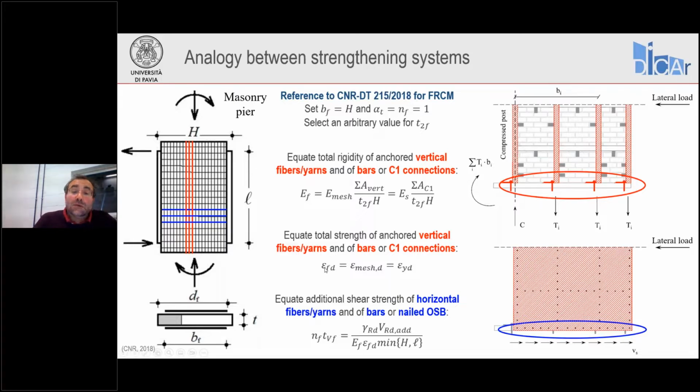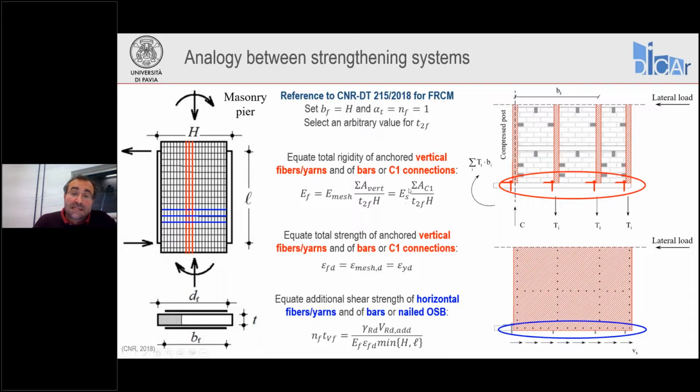The other equivalence that we need to consider is the one between the total axial strength provided by the vertical fibers of the FRCM and the one of the vertical bars of the CRM or the tie-down connectors of the timber retrofit.